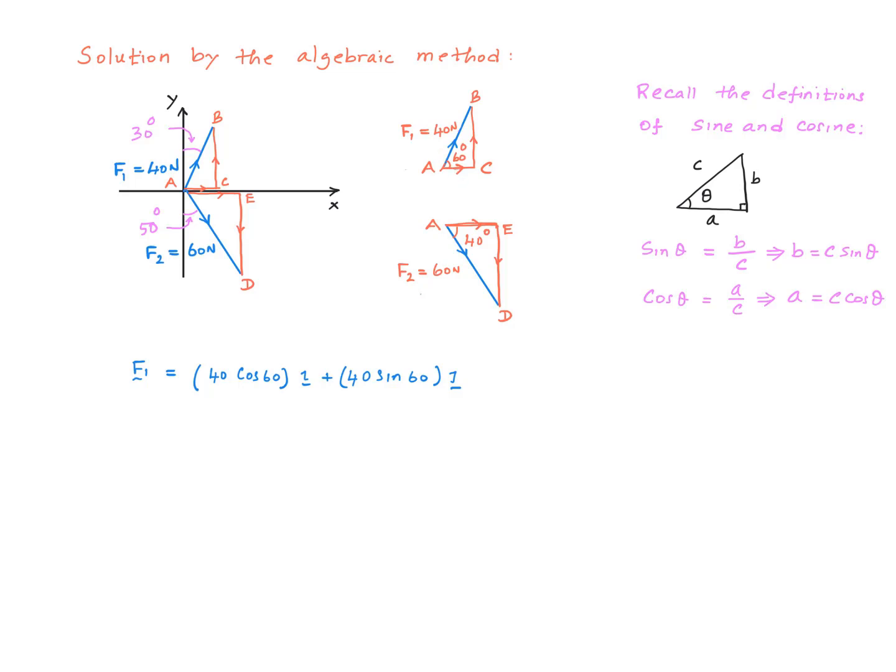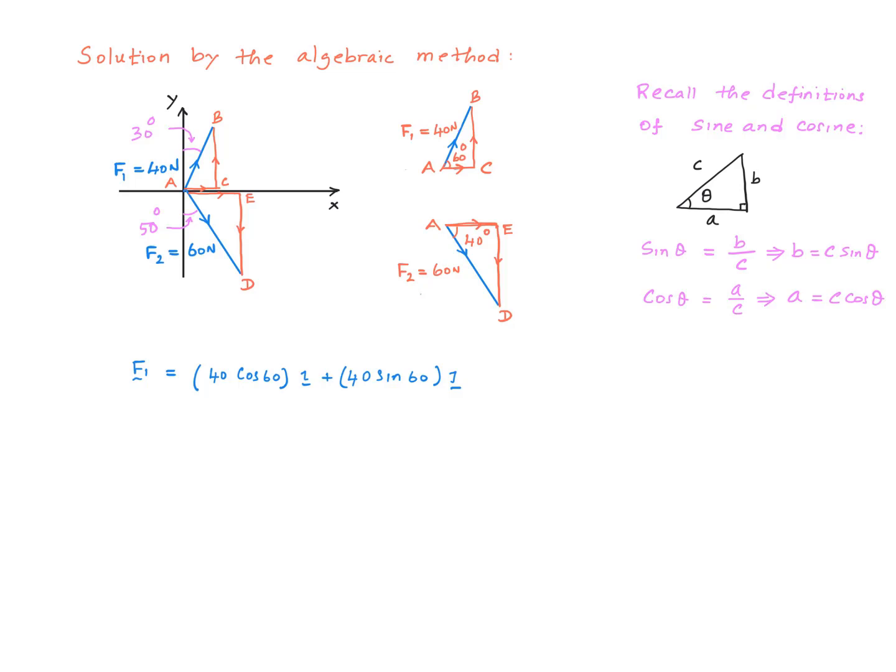And CB happens to be the opposite side, and by this equation, CB would be equal to 40 sine 60, right?